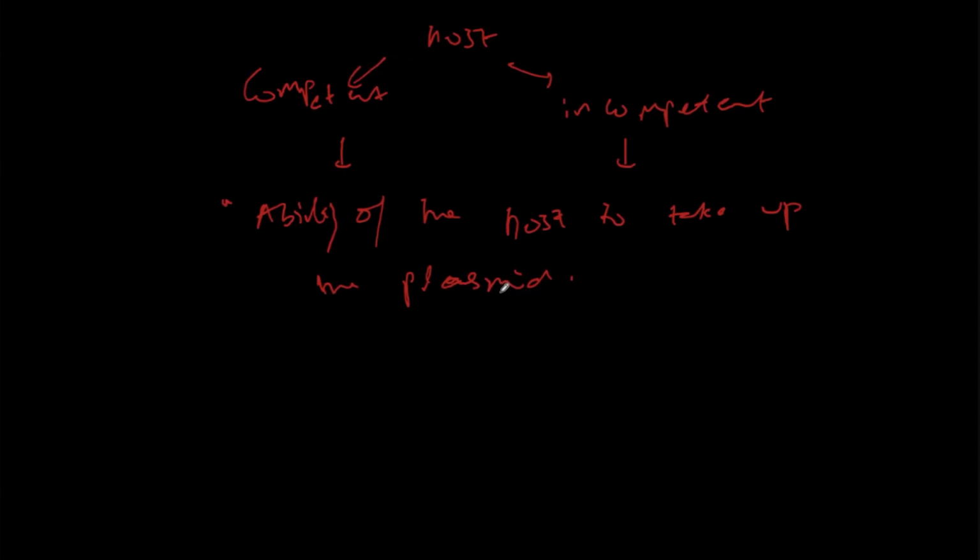But they don't take it up because there is something called competency, and this is what we are going to study. We need to understand what this competency is. So we are talking about a competent host. What is competency? It's the ability of the host to take up the plasmid or any DNA, basically.